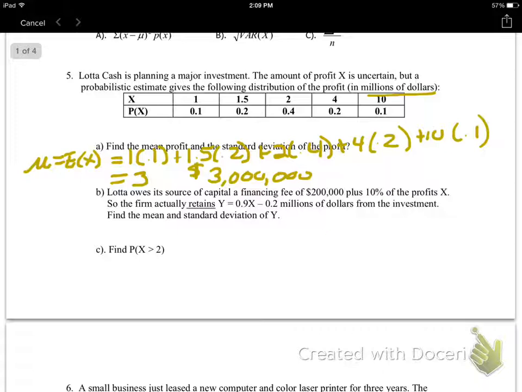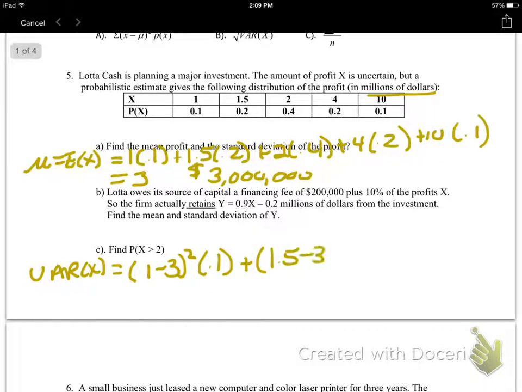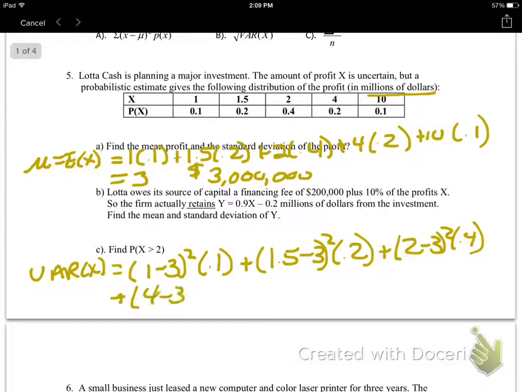Okay, so now let me find my standard deviation. I'm going to do my work in B because I run out of room here. So I'm going to work in variance. It's going to be 1 minus 3 quantity squared times 0.1 plus 1.5 minus 3 squared times 0.2 plus 2 minus 3 squared times 0.4 plus 4 minus 3 squared times 0.2 plus 10 minus 3 squared times 0.1.